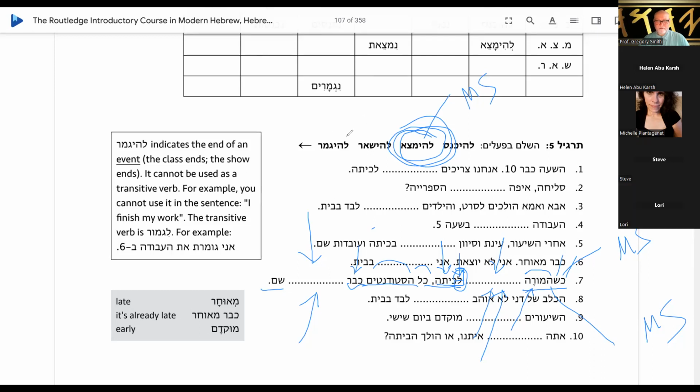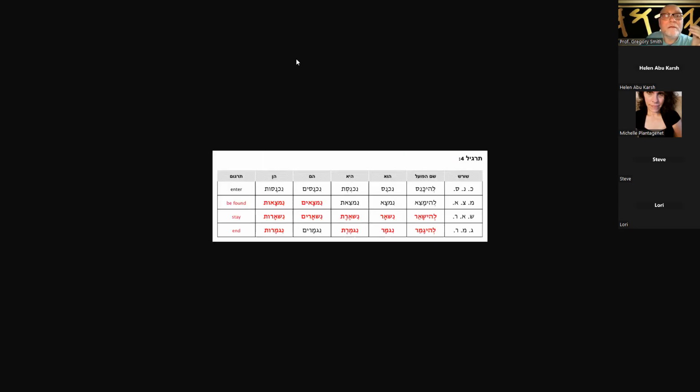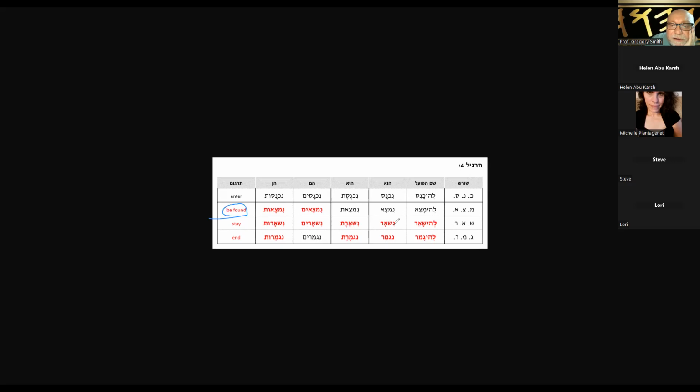Okay. So what we're going to look for is this form here, but I want to make sure this is right. It's going to be is located, and that's this one here. So let's take a look at our chart. Okay, so this is the found, to be found, or is located. So it's going to be this one here, nimsa, because this is the masculine singular.